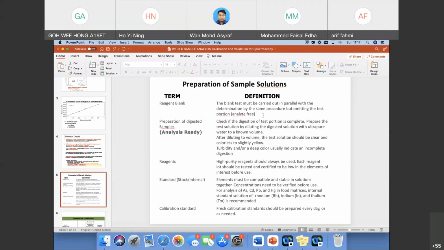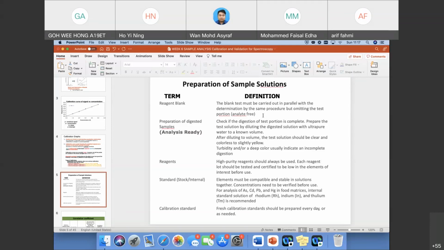Your reagent blank here must be a solution that is without your analyte. Whenever we are talking about blank, it must be analyte free. It is a solution that must be free from your analyte of interest.